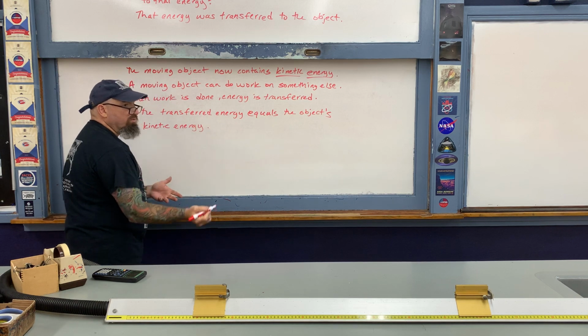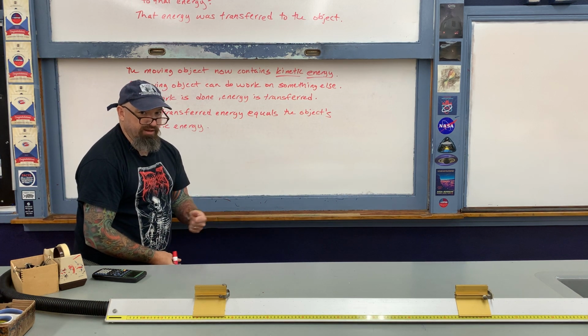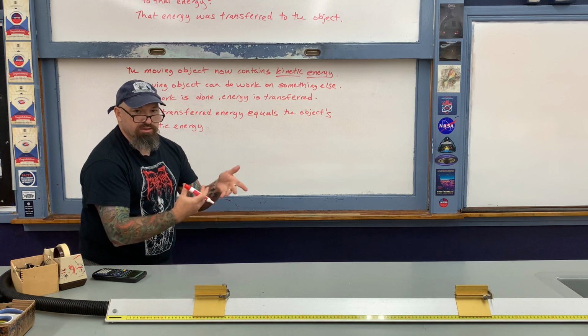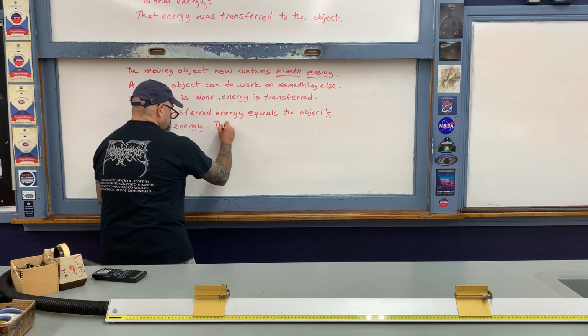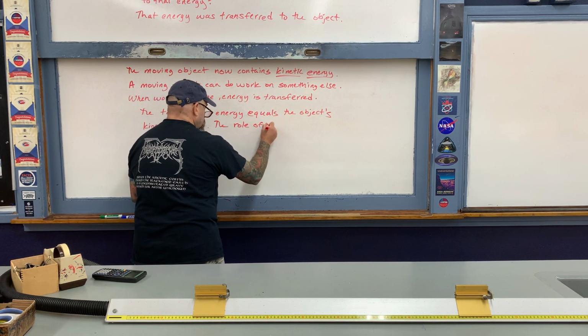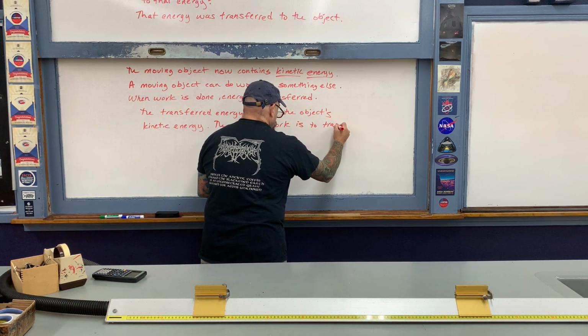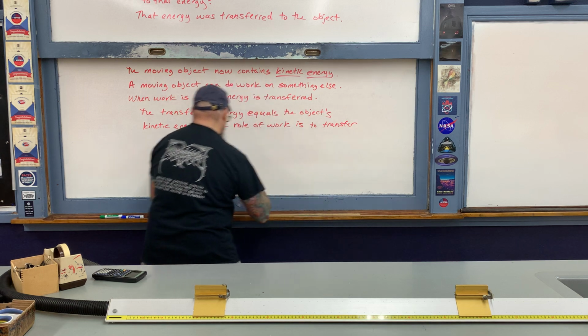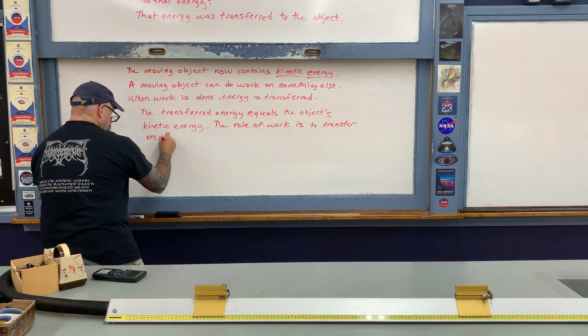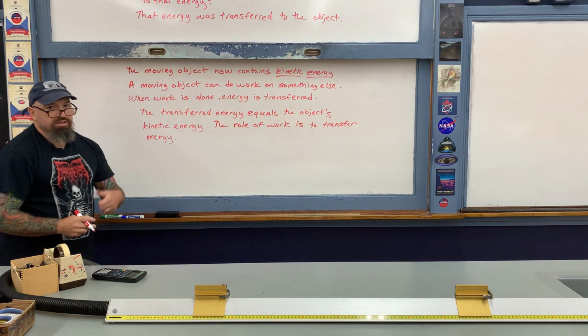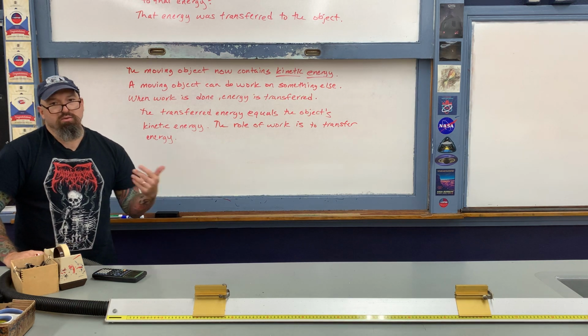The role of work, once again, the reason why we bother to define it, is to transfer energy. Once again, this is what the work energy theorem says in words.